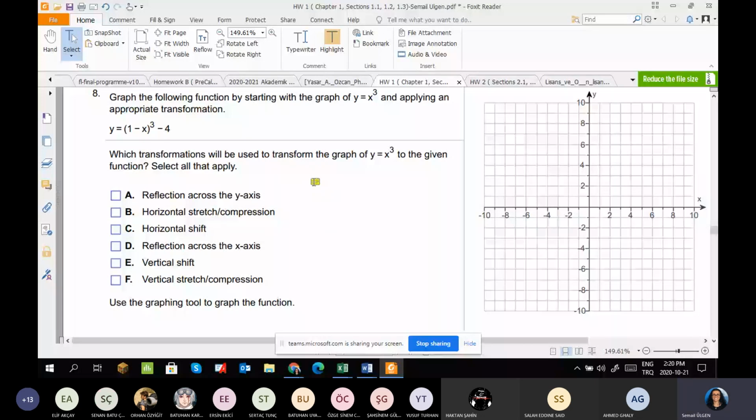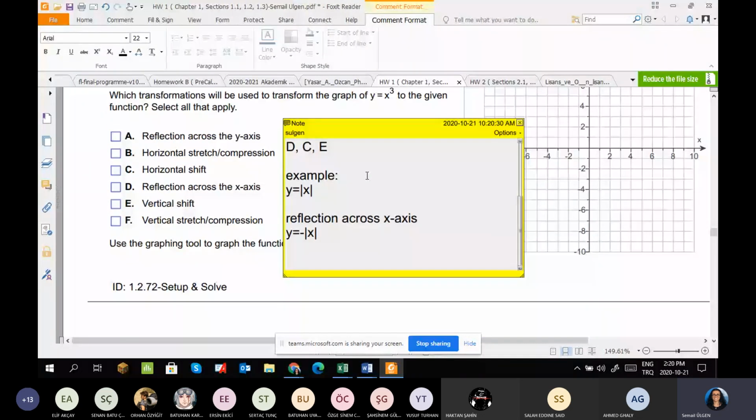Let me see, just a sec. Okay, so here's an example. For example, y is equal to absolute value of x. Reflection across the x-axis is putting a negative in front, right? You are making all y values negative. So this is a reflection example.